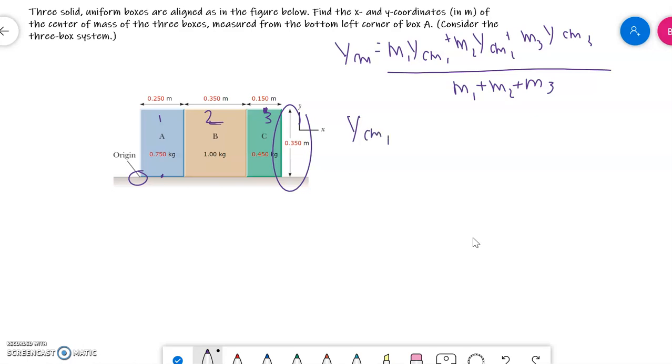So the y-coordinate of the center of mass for box 1 is 0.35 meters divided by 2, which is equal to 0.175 meters. And that is the same for boxes B and C, or 2 and 3.